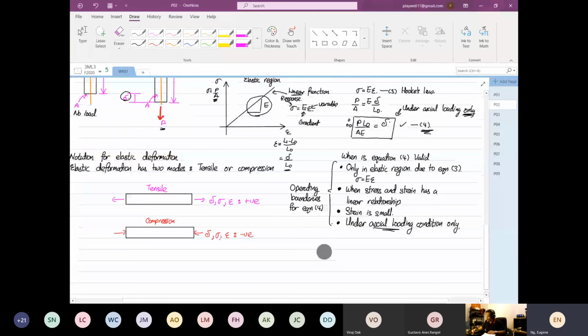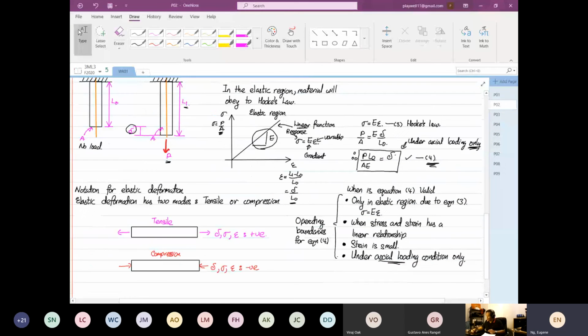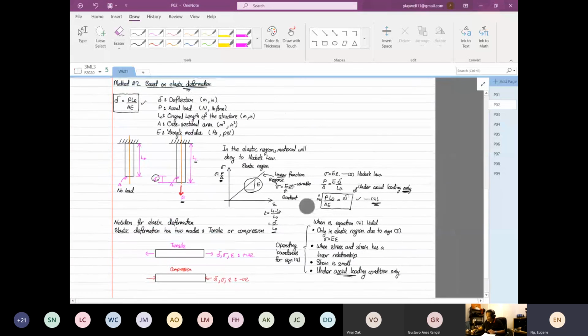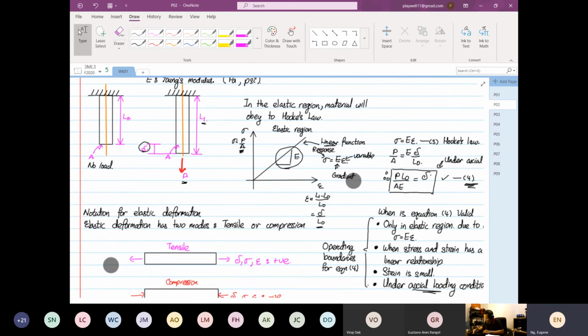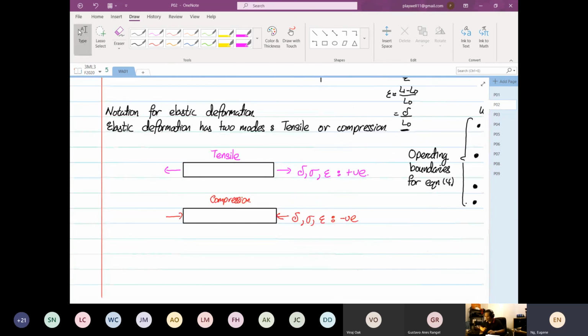So if you ask me today, what do you learn? This is method number 2. Method number 2 is fairly new to some of you, and you have not seen this before. I'm going to go into example number 1 now. Before I go into example number 1, any question, please?